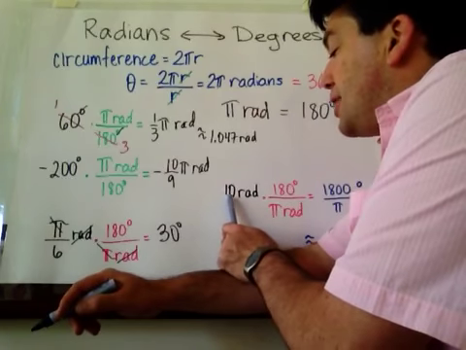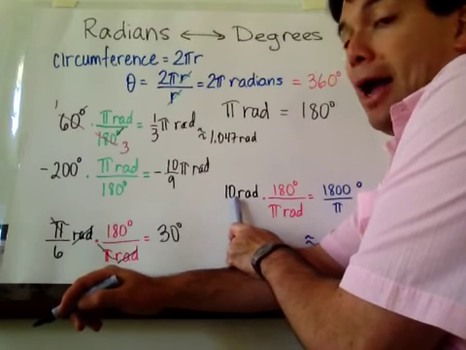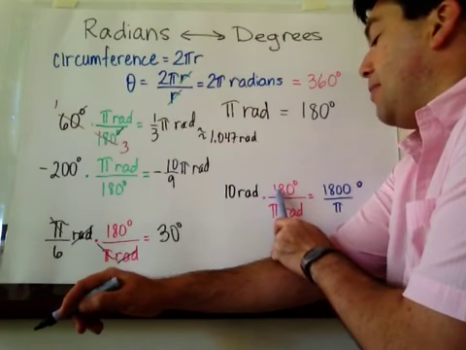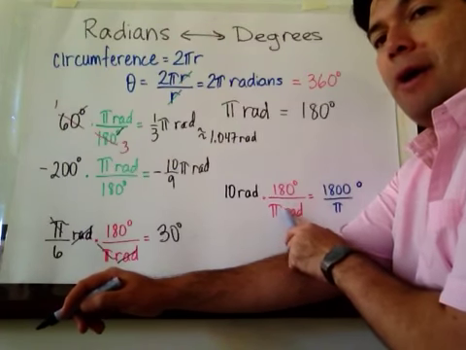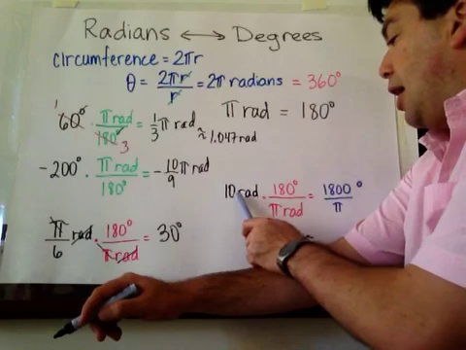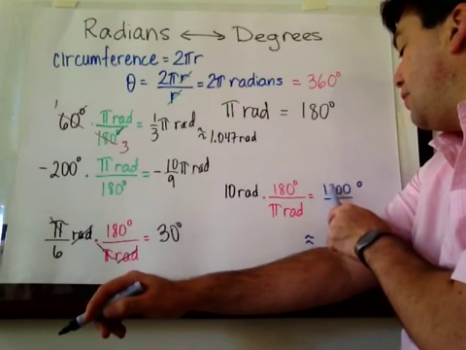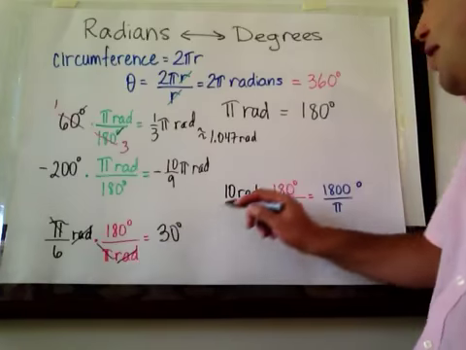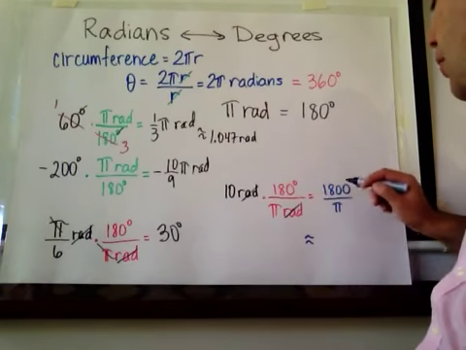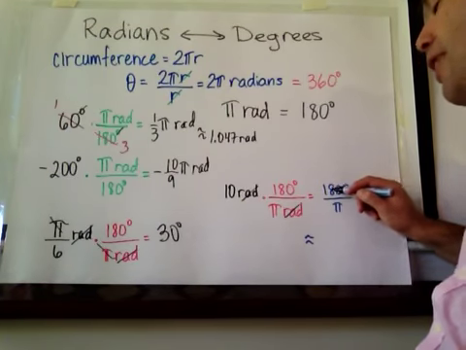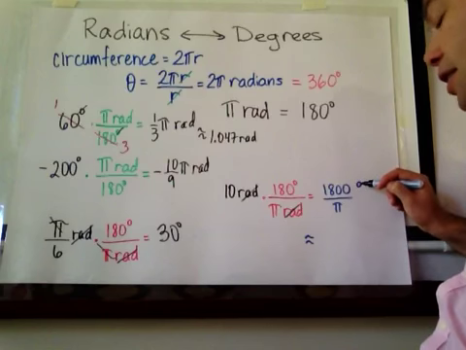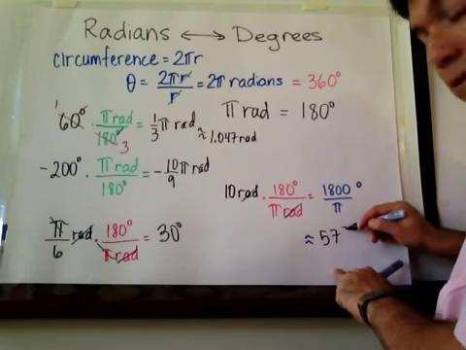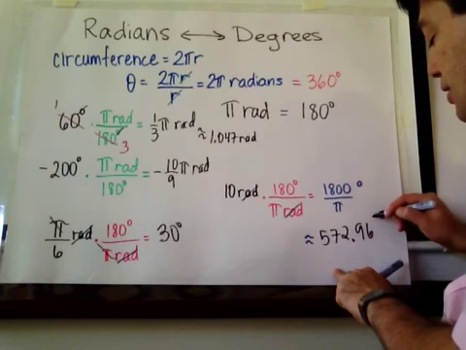If we have an angle of 10 radians, notice no pi, that would be multiplied times 180 degrees over pi radians. And 10 times 180 is 1,800. The radians cancel. And we have an angle of 1,800 over pi degrees, which is about 572.96 degrees.